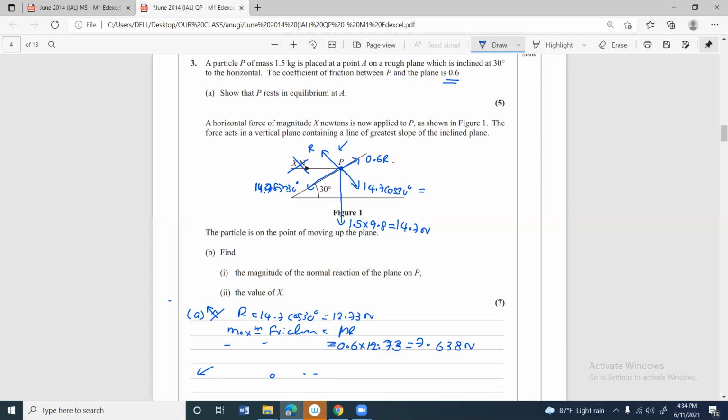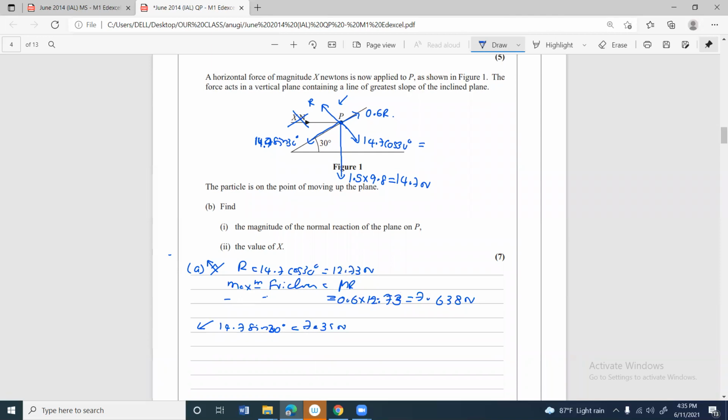Then what you can get here is the downward force. The downward force is 14.7 sine 30, which is 7.35 newtons. So the downwards force is 7.35. That force is not as large as the frictional force. The frictional force is bigger than the force downwards, therefore the friction can keep this object stationary.